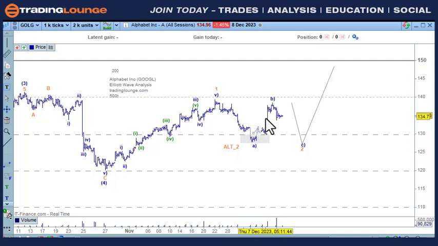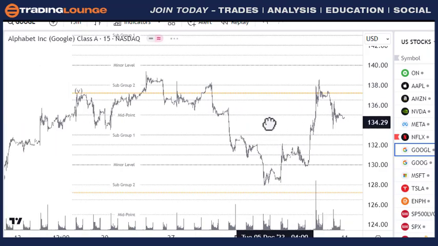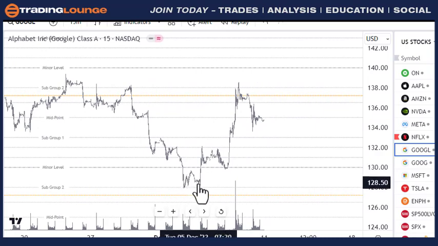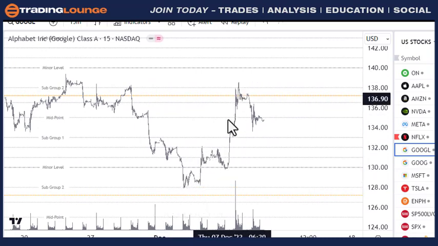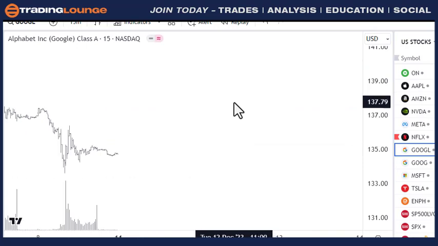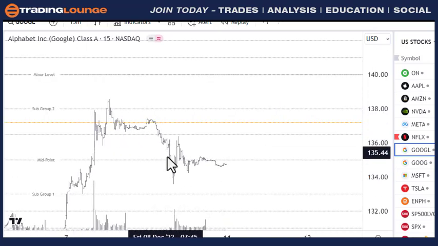You might think this looks like a little 5 waves here, but looking at it on this chart here, I suppose we could look at it as 1, 2, 3, 4, and 5 up here. But this is definitely 1, 2, 3, 4, 5 up here. And this little move in here as well is giving us the 1, 2, 3, 4, 5 here. So we've actually got an impulse wave down here, and this is actually corrective.